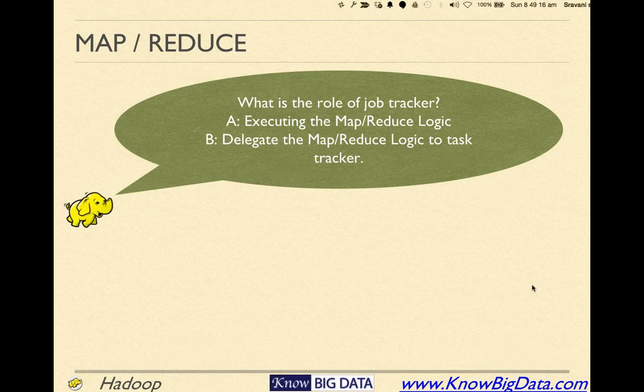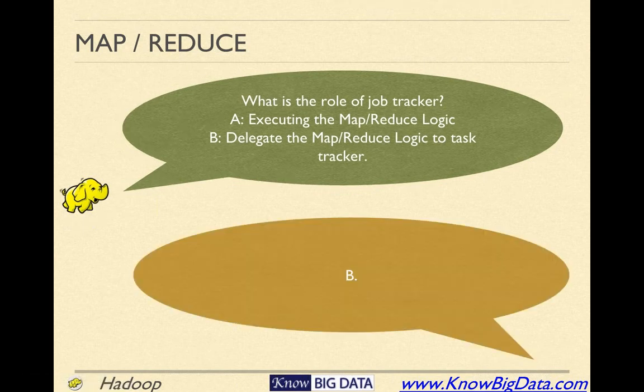When you have a job tracker, does it execute the MapReduce logic or delegate the MapReduce logic to be executed by the task tracker? And remember that task trackers are located near the data, near the data nodes. So the MapReduce logic, as per point B, should be executed on the task tracker.